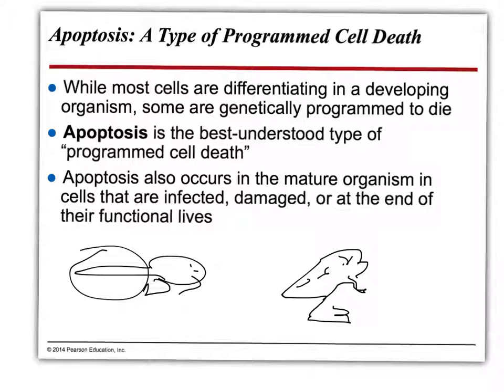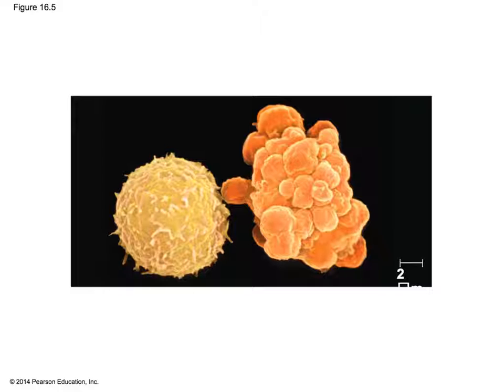All right? This also occurs in cells that are infected, damaged, or at the end of their life. So with damaged cells, you can stimulate and start this program so that the cell dies, so it doesn't go on and propagate its problems, mutations, or abnormalities. So this is an example of programmed cell death.